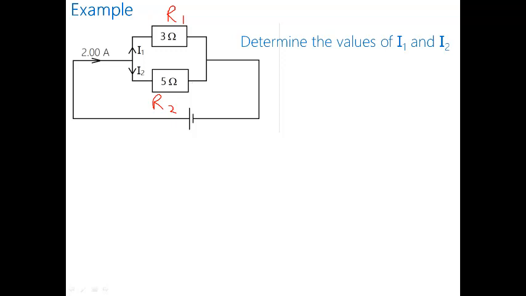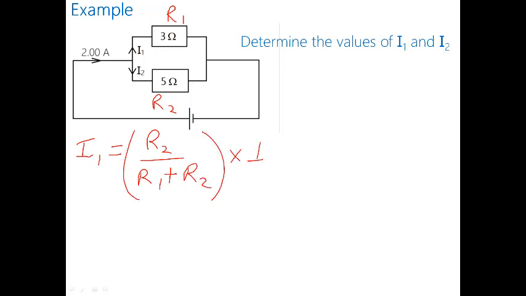So, remember from our formula, I1 is equal to R2 on top over R1 plus R2 and then times I. Our I is the current before it splits up.